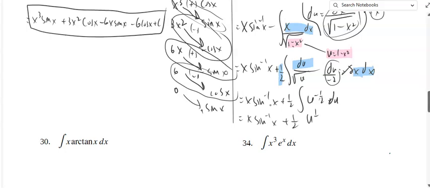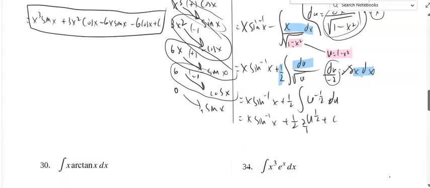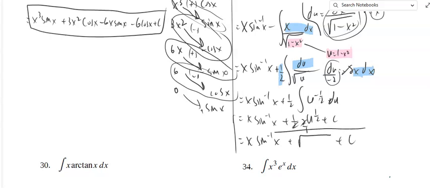Add 1 to the power, divide by that. That gives the square root of u, and u in this case would be that u. And there it is. That's my answer.